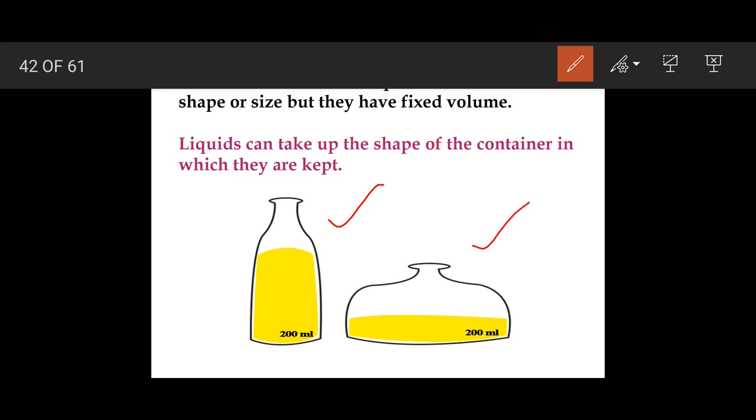Look at these two differently shaped containers which have the same quantity of liquid. Liquids occupy the shape of the container.